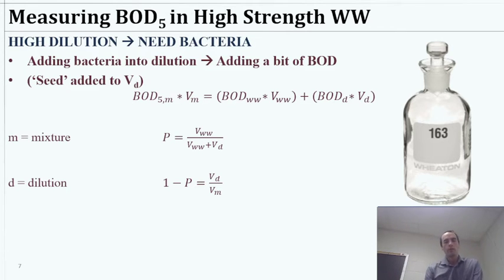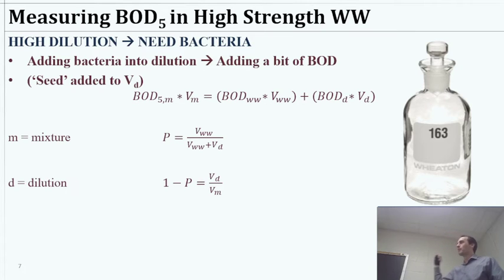So what we do then is add a bacterial seed to our dilution so that our dilution is not so dilute in terms of bacteria count. But doing so is inevitably going to add a bit of BOD itself, because when we add bacteria, usually we've generated the bacteria, given them stuff to eat, and some of the bacteria will die and there'll be dead cells and things.